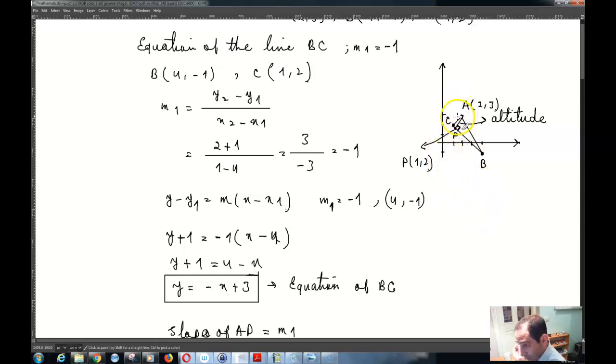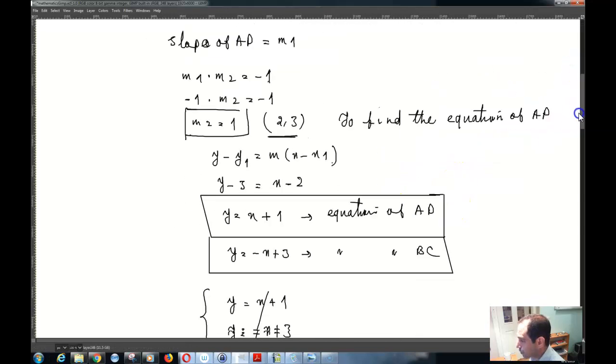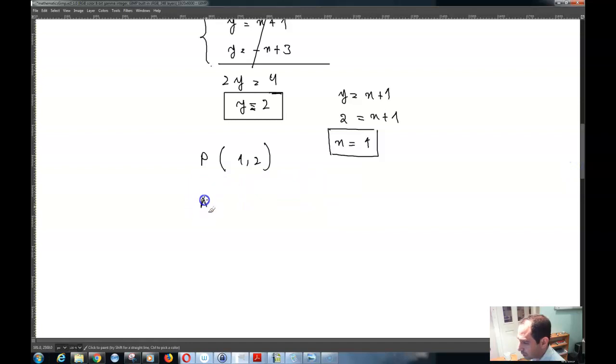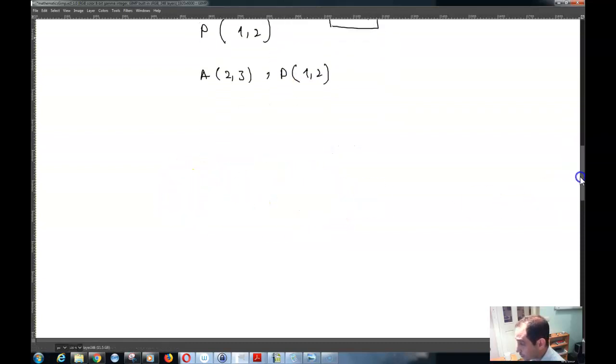The altitude is between these two points, A (2, 3) and P (1, 2). So if I find the distance between these two points, that will be the length of the altitude.